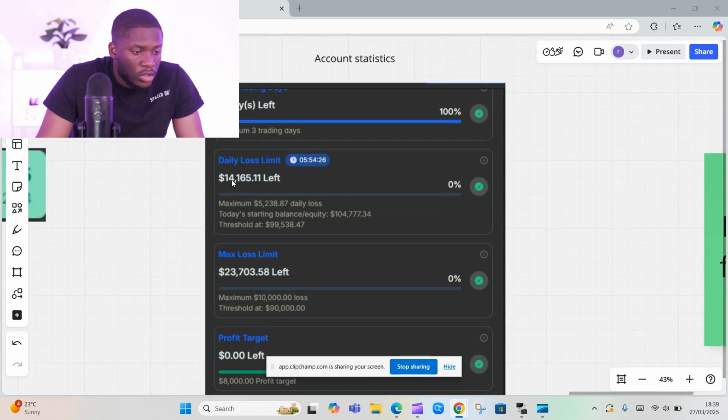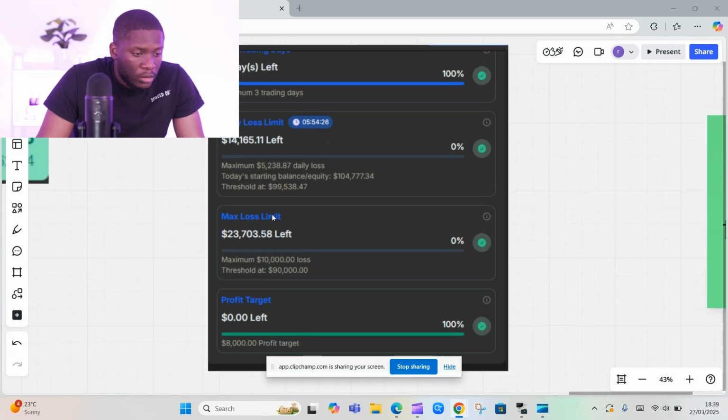You can see here it says 14K left because my balance was 14K at this point. You can see my starting balance. Today's starting balance was $104K. So plus 11K, that makes plus 10K.